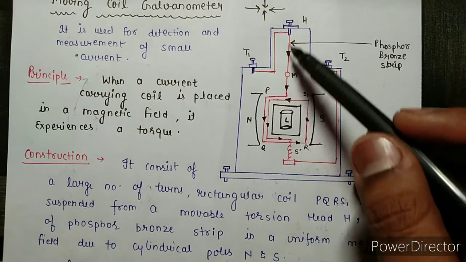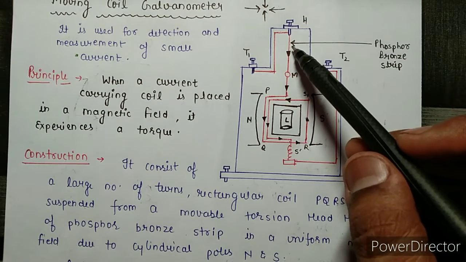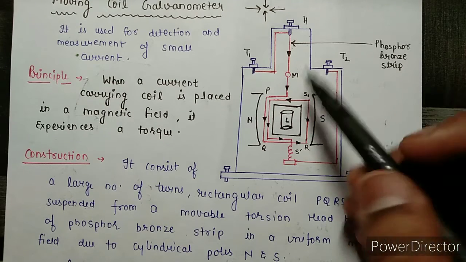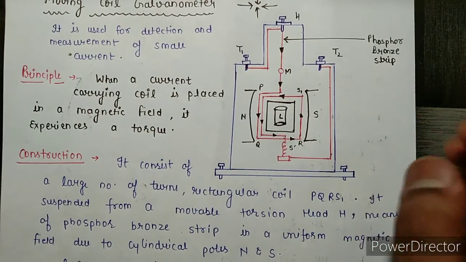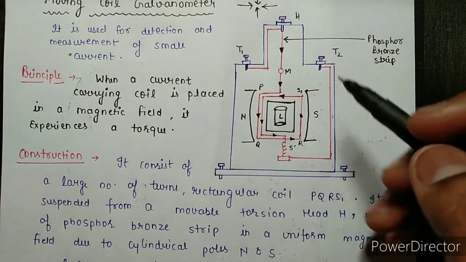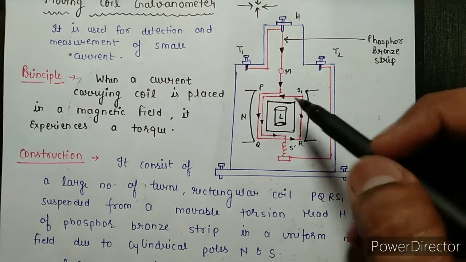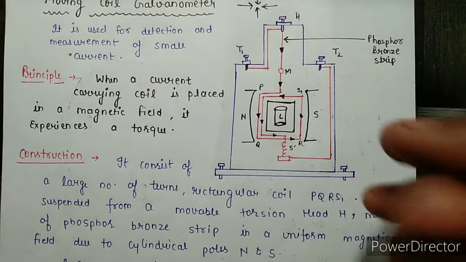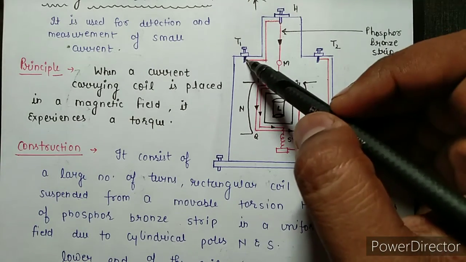Its one end is connected with a strip made of phosphor bronze, in which there is a mirror which helps us to detect the torsional or the rotational motion by using lamp and scale here, and this wire is connected to the terminal T1.